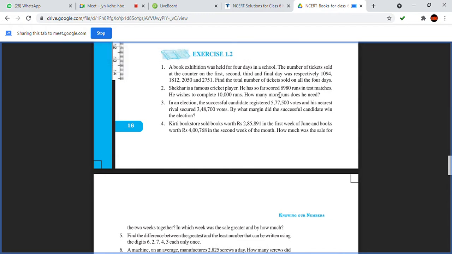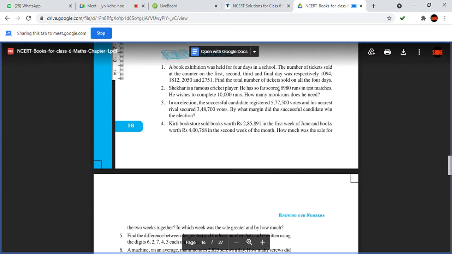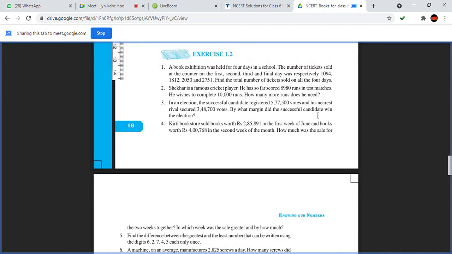Number of runs he scored, or runs he scored, that much only. First step, runs Shekhar scored. Runs he scored is equal to 6980.